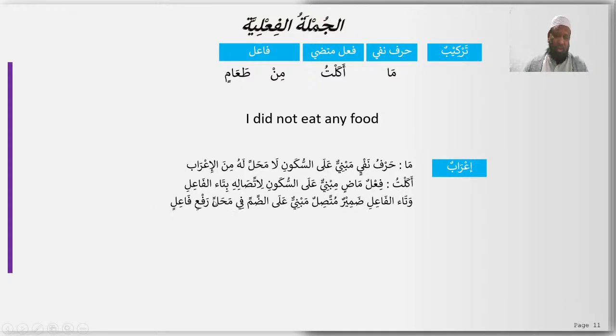Okay, in the past we said في محل رفع فاعل, في محل رفع مفعول به. That was wrong, because we already mentioned fa'il here, we mentioned maf'ul here. So this is how you write في محل رفع فاعل، في محل رفع مبتدأ, for example في محل رفع خبر. So whatever after محل we make it مضاف مضاف إليه.